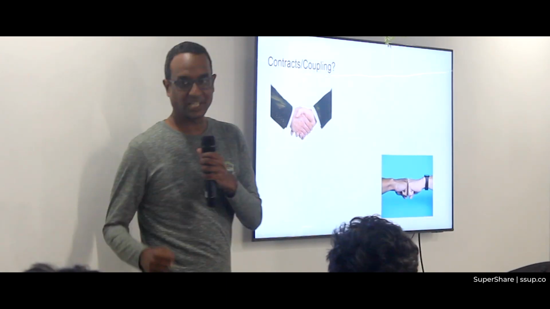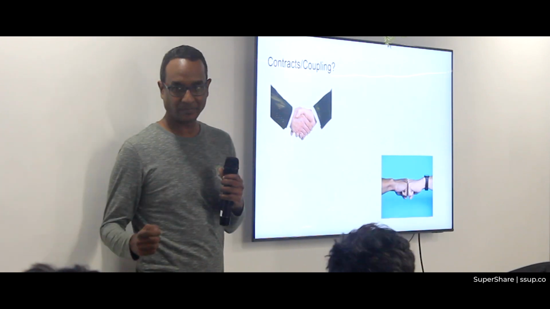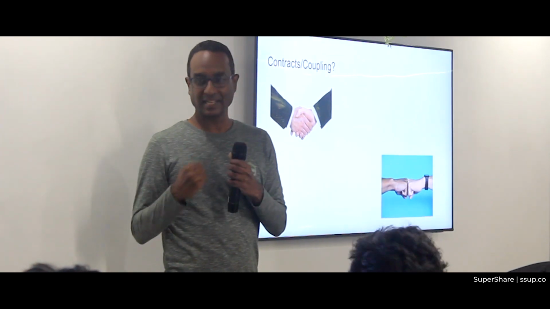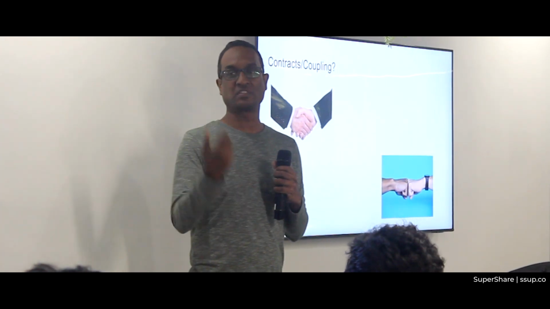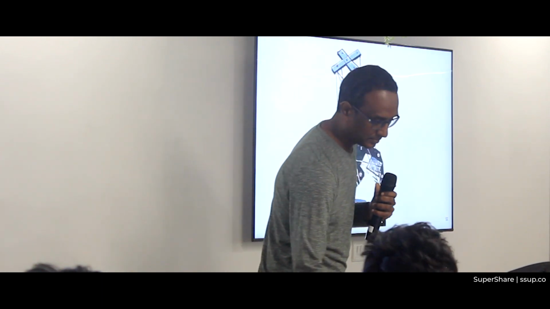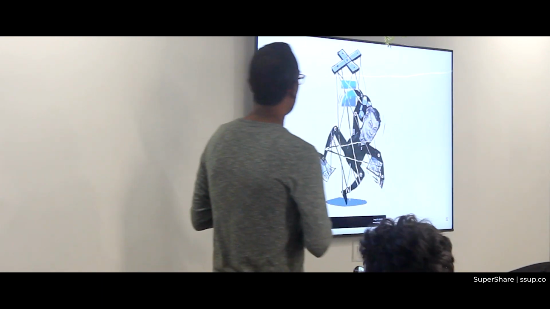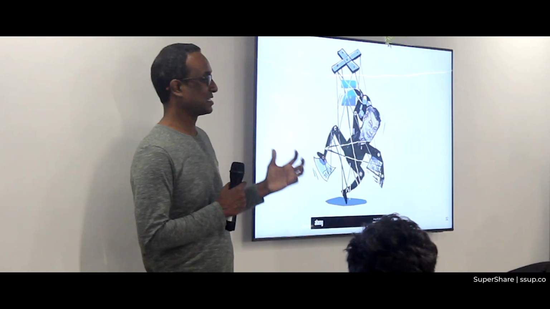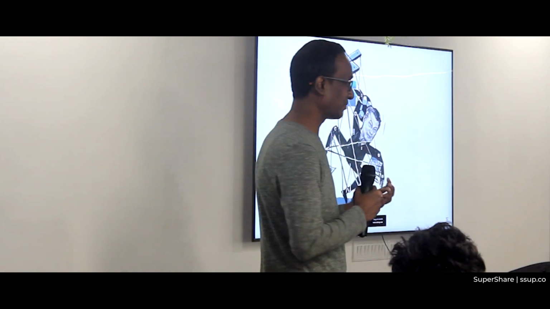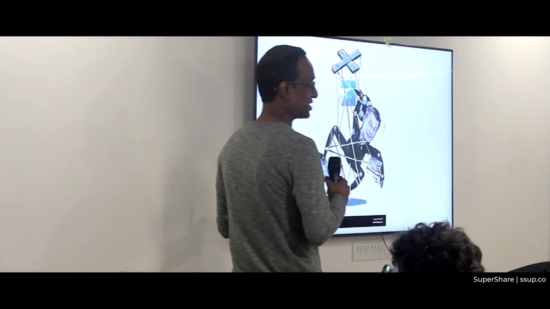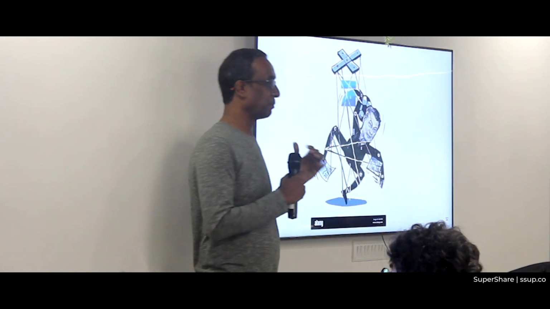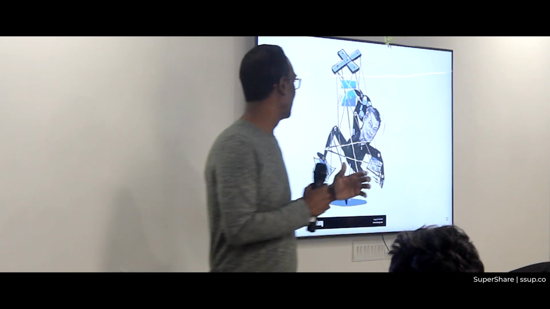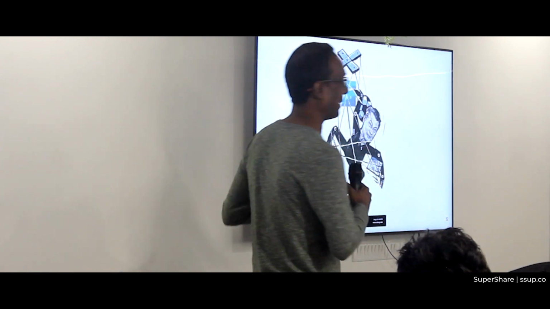So, it is still physical contact, but it is limited. So, there is coupling, but I'm trying to quantify the amount of coupling. Imagine a puppeteer who has a puppet which has lots and lots of strings. Beyond the first 2 or 3, the puppet becomes difficult to manage.